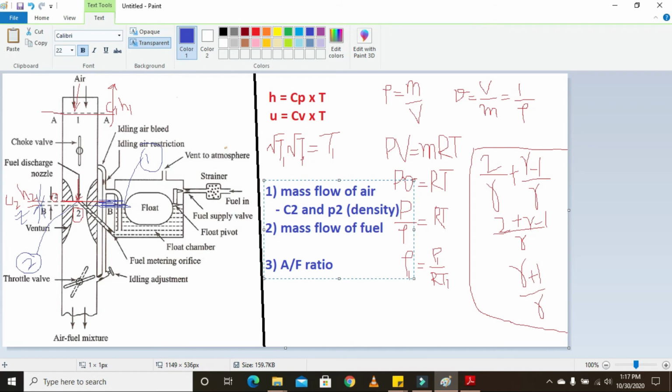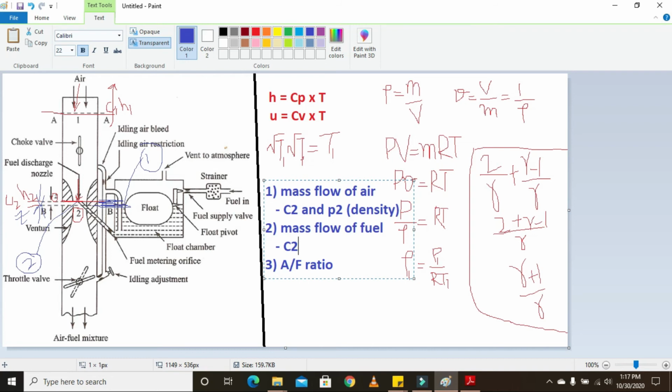Similarly, for the mass flow rate of fuel, you were only required to determine C2, which is speed at state 2. We do not require the density 2 of the fuel because fuels are incompressible and their density will remain same. So this was the flow for the first derivation.